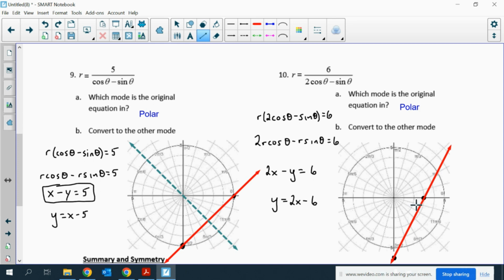This one is a little bit harder to see what its symmetry is because there's a y equals 2x type of relationship. And so it's a little bit harder. It's going to be symmetric with a line that has slope negative 1/2.